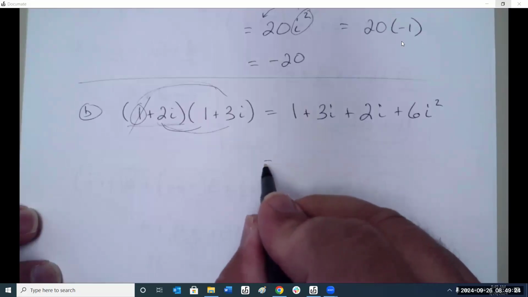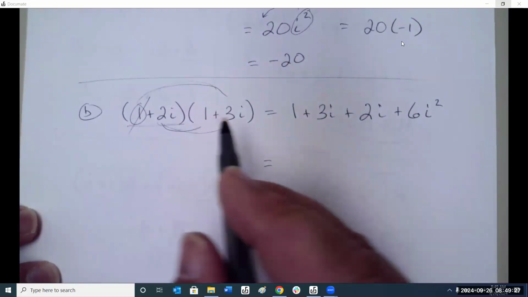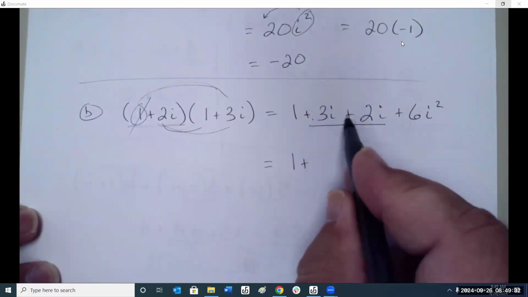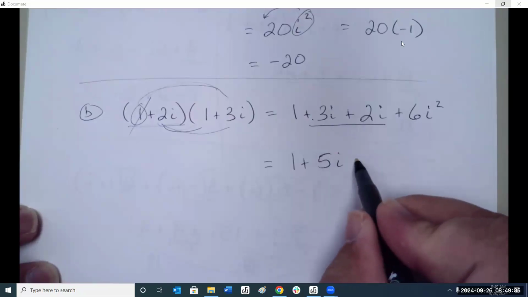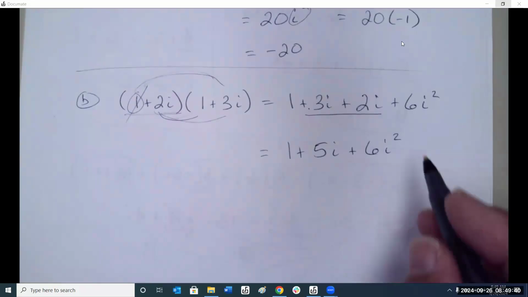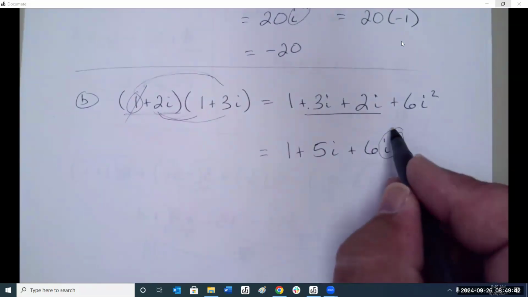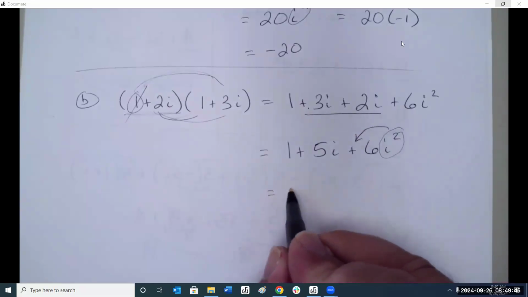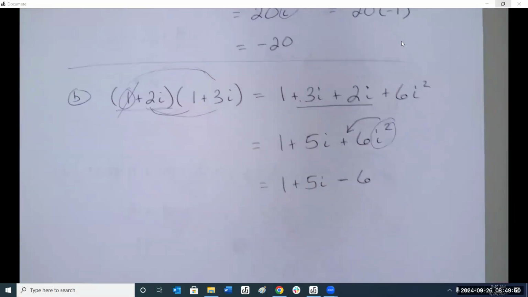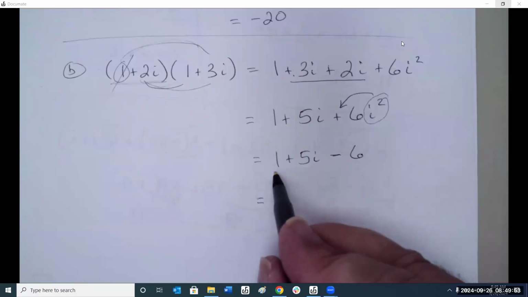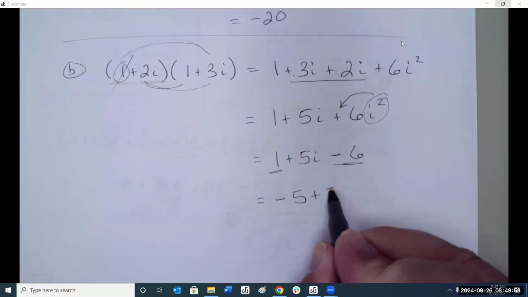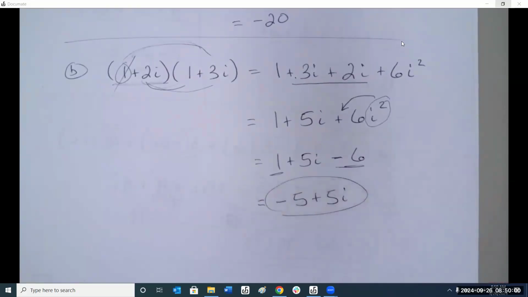Got rid of the parentheses, combine like terms. 3 plus 2 is 5i. i squared changes the sign in front of it, so it becomes negative 6. Now we combine like terms. Negative 6 plus 1 is negative 5 plus 5i. And there's your answer.